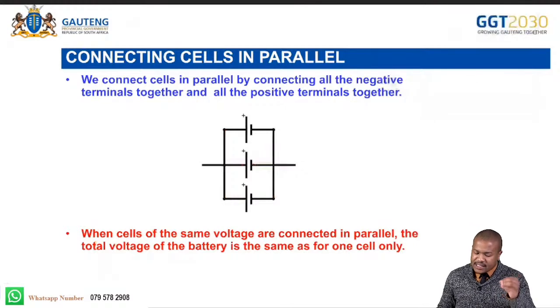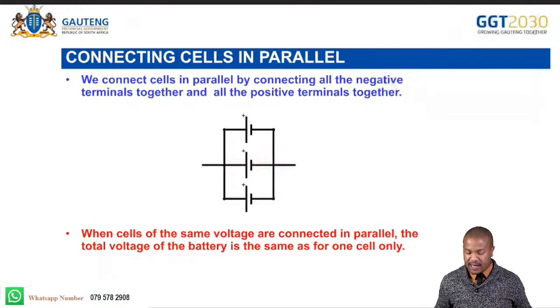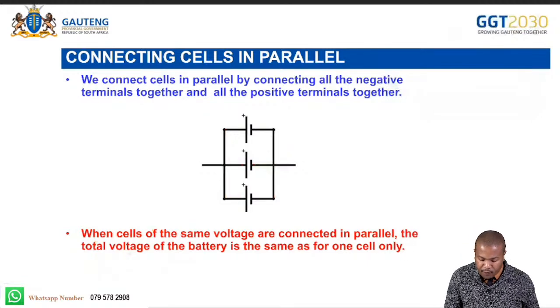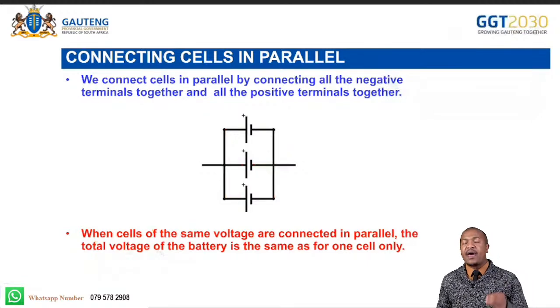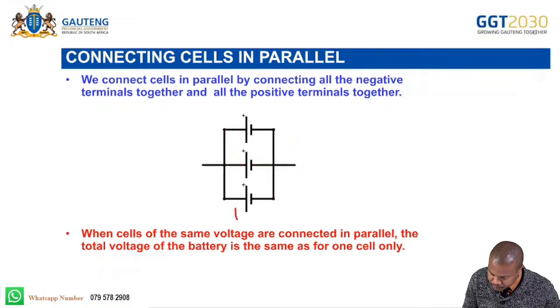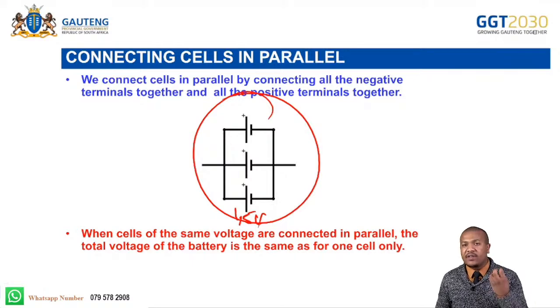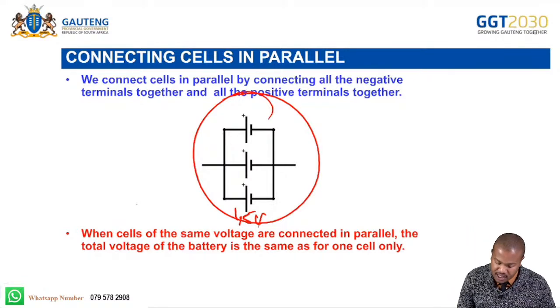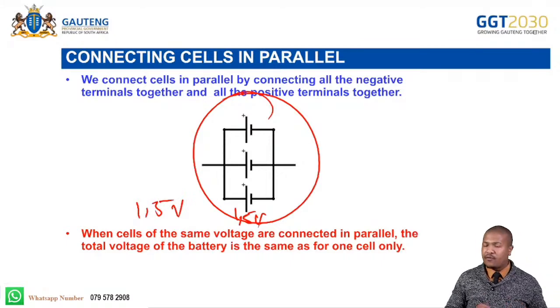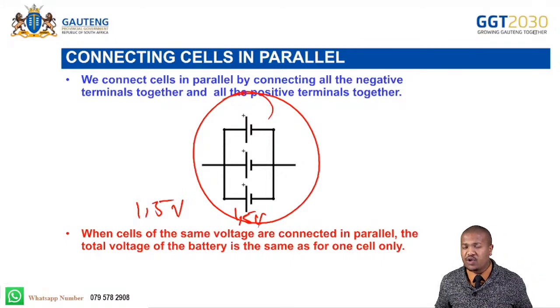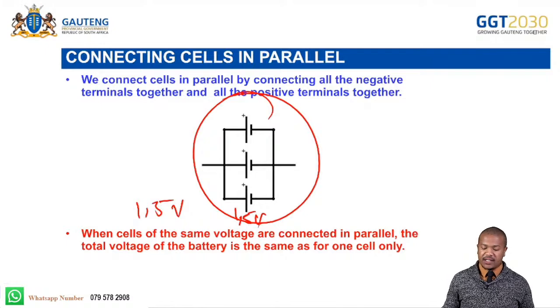Meaning if you have 1.5 volts per cell here, the total voltage will be the same as one cell, 1.5 volts again. Are we together? That is one thing about parallel connection of cells.